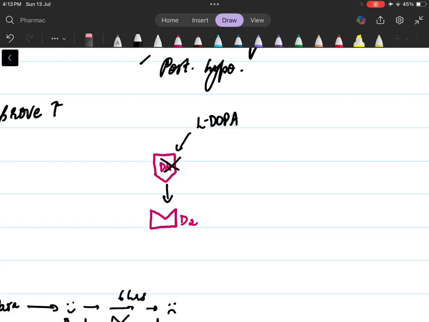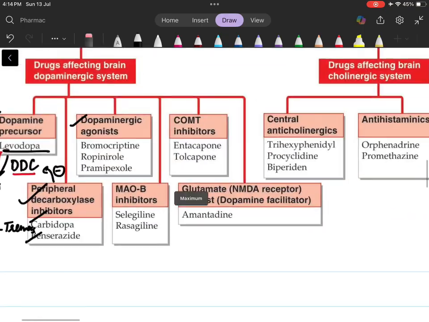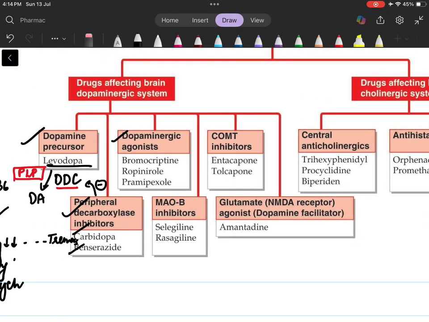But why go that far? Why don't we find a molecule that looks just like dopamine and performs the same function as dopamine? Why don't you replace the neurotransmitter itself? That's where the dopaminergic agonists come in. So they bind to the receptors and produce a similar physiological effect as dopamine.